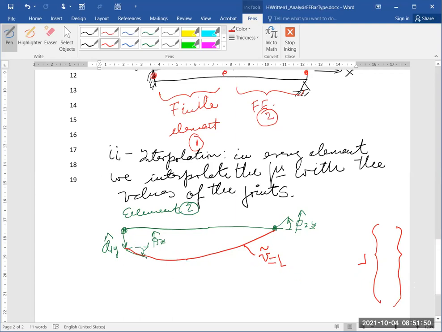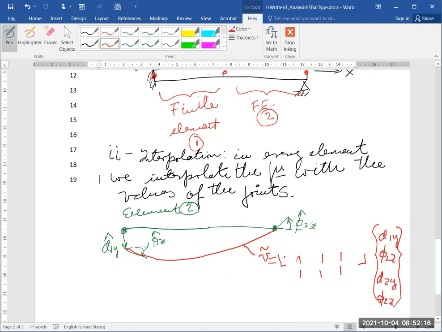So here, in this row, we're going to have 4 elements. And here, we're going to have the 2 displacements and the 2 rotations. So here I'm going to have D1y, Phi1z, D2y, and Phi2z.